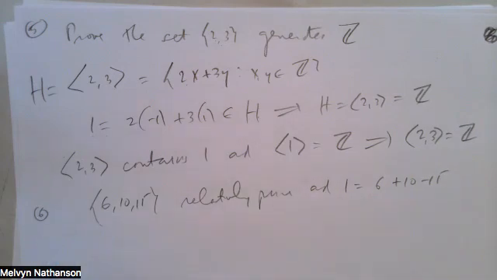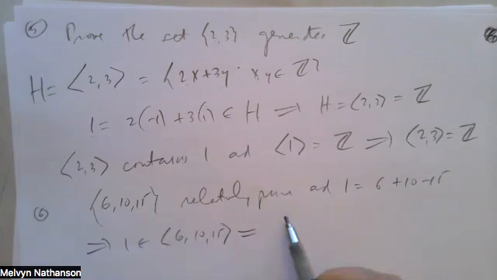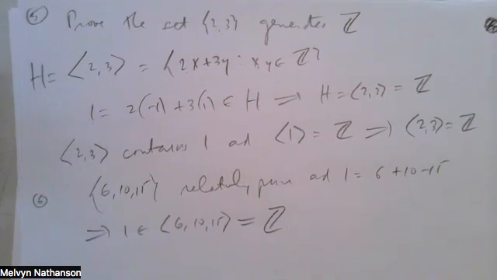So 1 is in the subgroup generated by 6, 10, and 15, which means this has to be the whole group of integers. Okay. Questions about this?